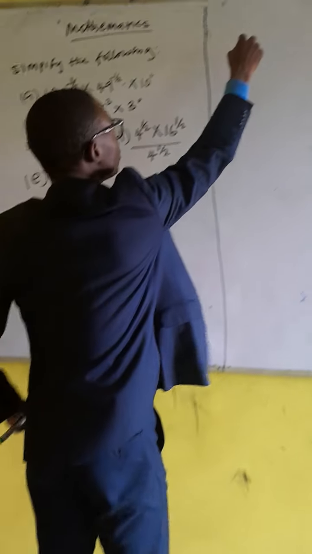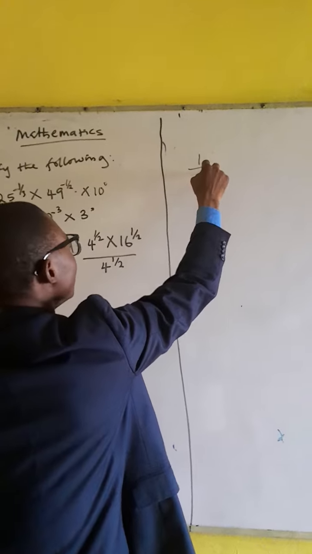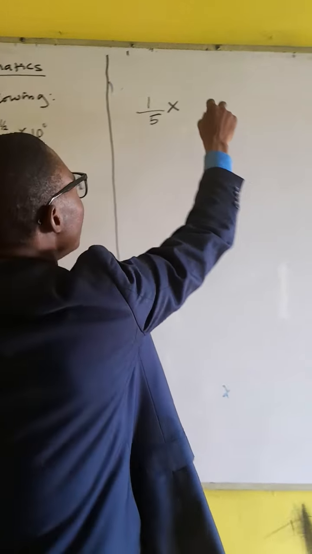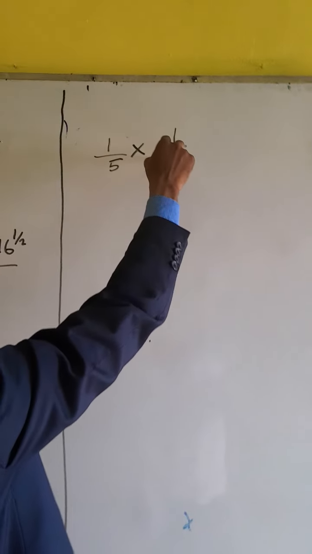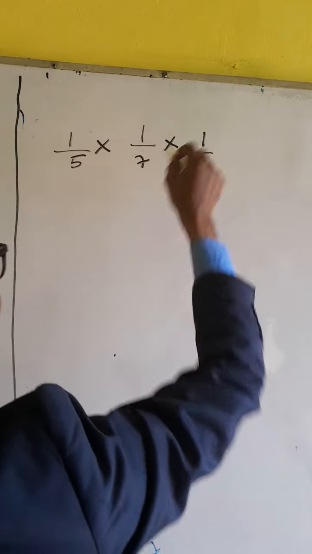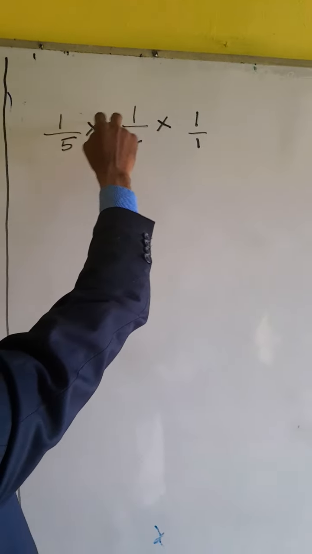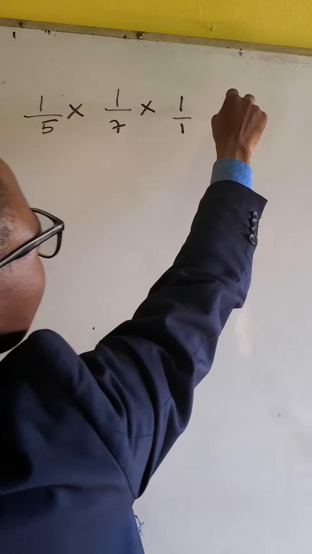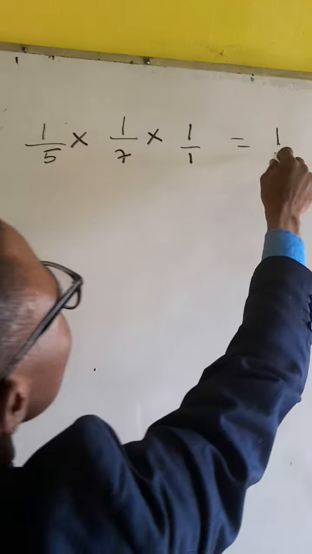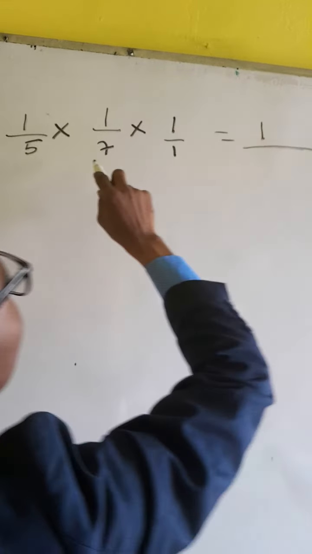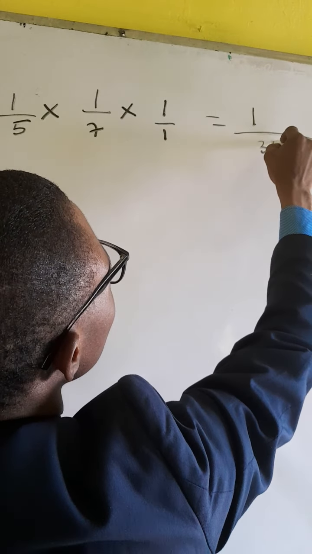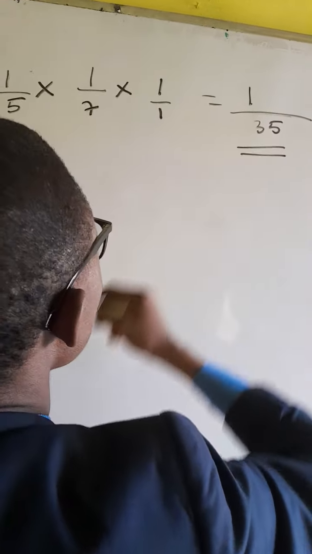So I'll write it as 1 all over 5 times the square root of 49, which is 7, times 1 all over 1. 1 times 1 is 1. 5 times 7 is 35. 35 times 1 is going to give us 35. And that is the answer.